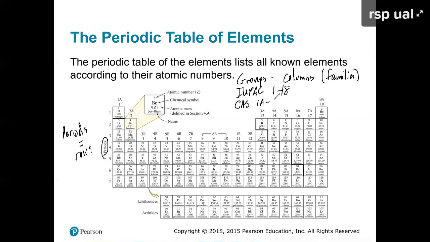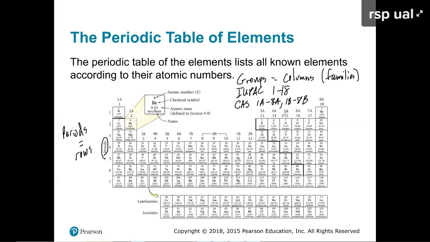2 different sets of groupings. You have A grouping, where we number things from 1A to 8A, and you have B grouping in the transition metals, 1B to 8B. Now, where it gets confusing in the CAS numbering system is a couple of places.